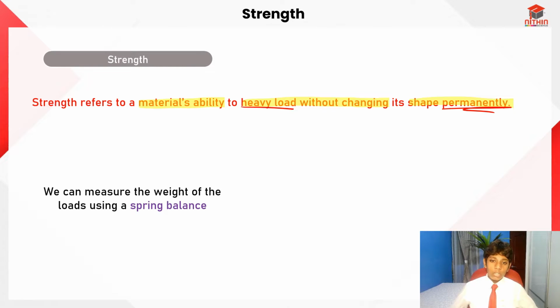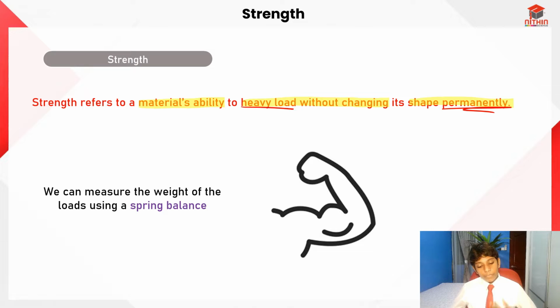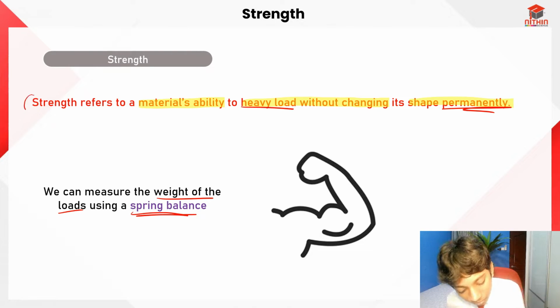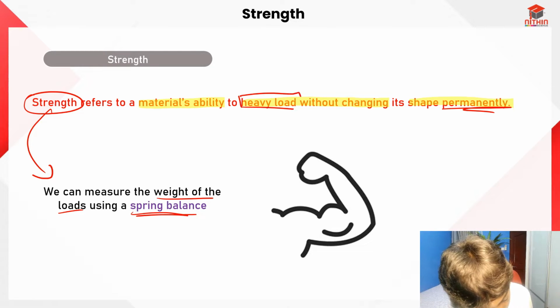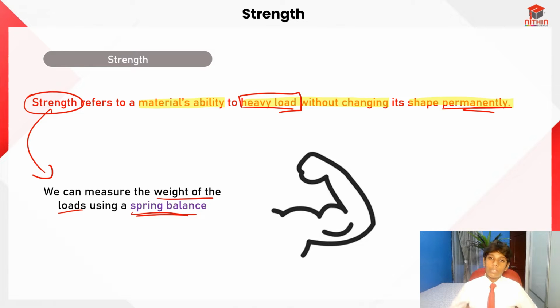So how do we measure the weight of loads? We use a spring balance. This is something related to strength. Why, you may ask? Because with strength, you can see the material's ability to bear heavy load, so these loads we need to know the weight of.